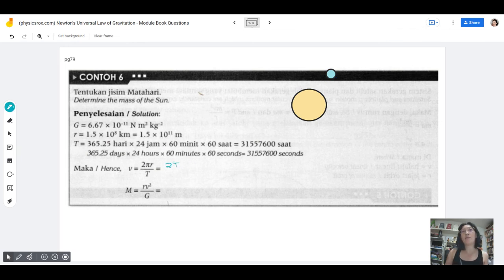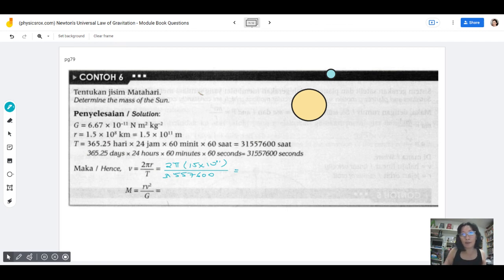So 2 pi r, which is 1.5 times 10 to the power of 11, divided by the time in seconds, which they've already worked out for us, 31,557,600. Now, I didn't write the value of pi because you should use the value of pi from your calculator. So use the value of pi when you're substituting the values in.